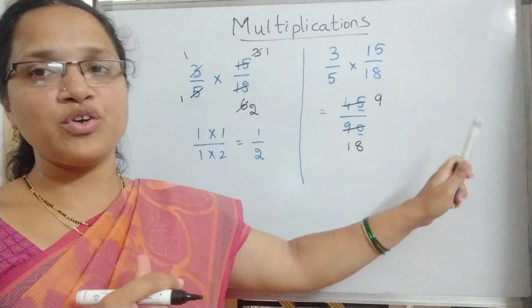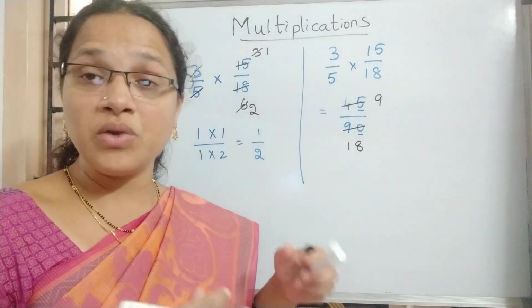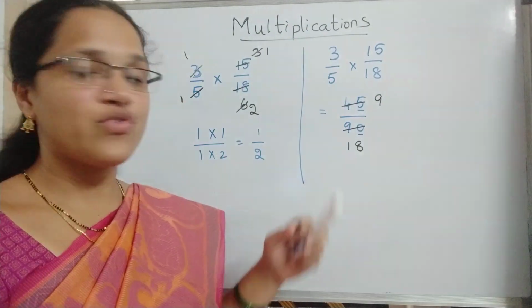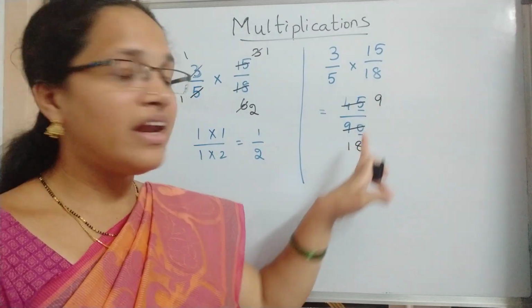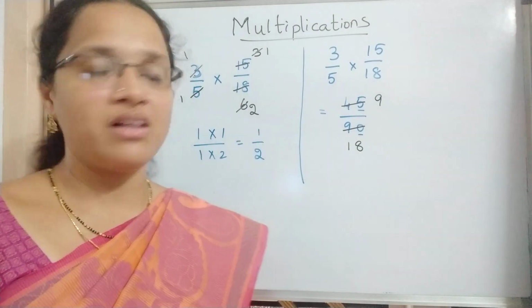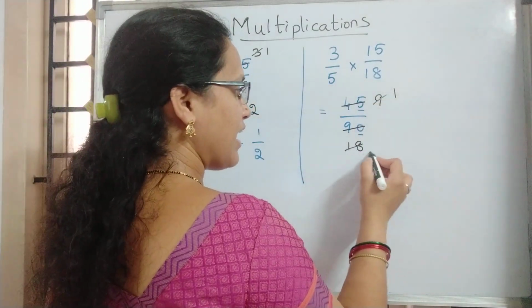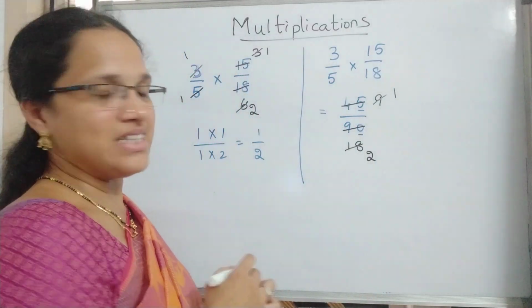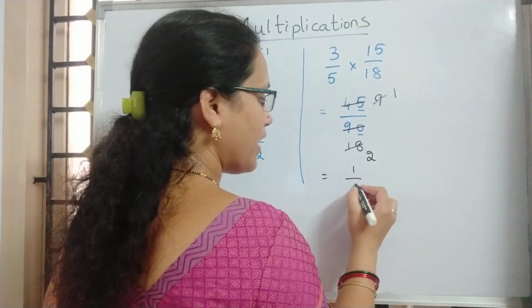If you can do it in your rough column, you can find out how many times. It cancels for 18 times, and still it is not the simplest form, because 9 and 18 will cancel in the same table. 9 ones are 9 and 9 twos are 18. So what is the remainder? That means 1 by 2.